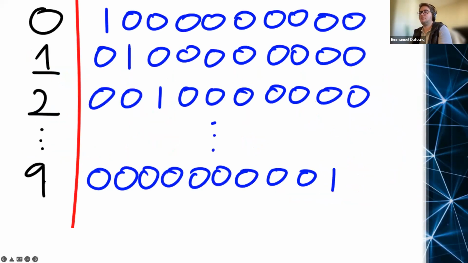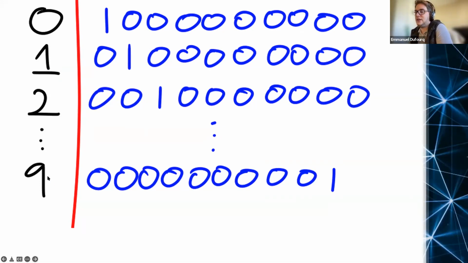So what if we had 10 classes where the numbers were between 0 to 9? So class 0, class 1, class 2, all the way up to class 9. We can also do one-hot encoding. So we can say 0 is now a vector where we have 1 and we have 9 zeros. 1 is 0, 1 and 8 zeros. 2 is 0, 0, 1 and 7 zeros.